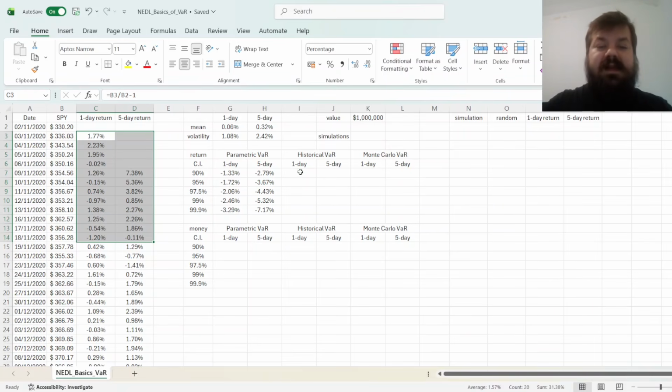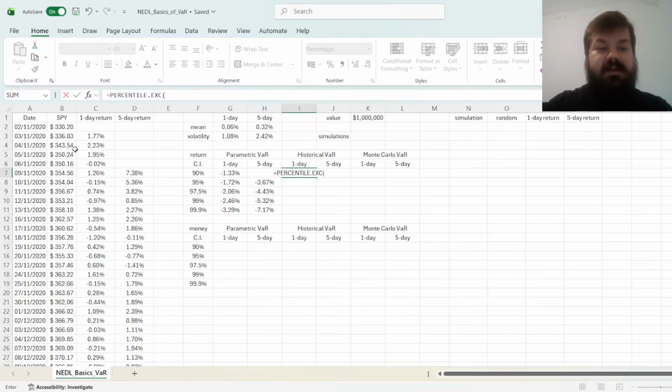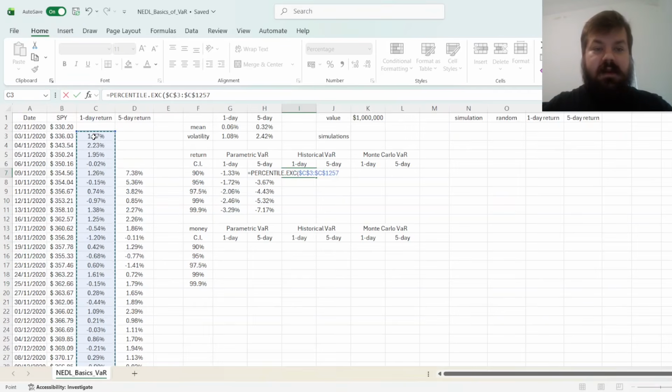So it means that for daily, 1 day ahead VaRs, we can use the PERCENTILE.EXC, so exclusive percentile function, refer to the range of daily returns, lock in the rows, and as our threshold, we refer to 1 minus the confidence interval.